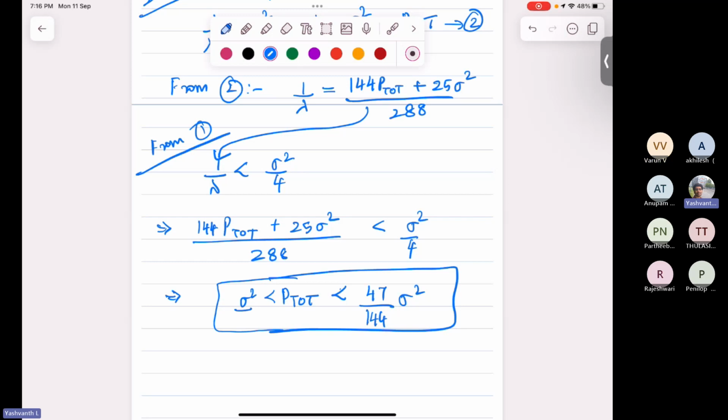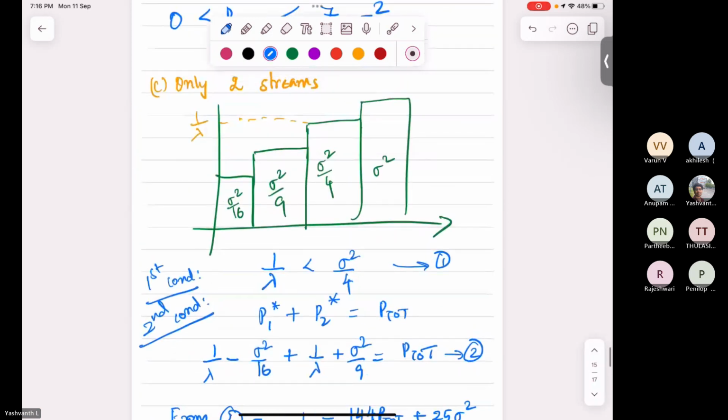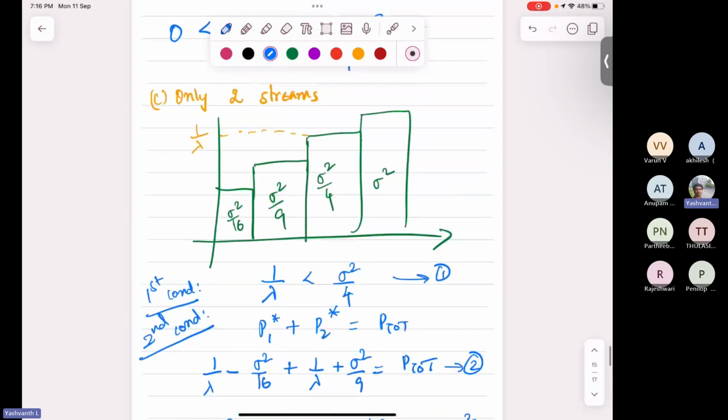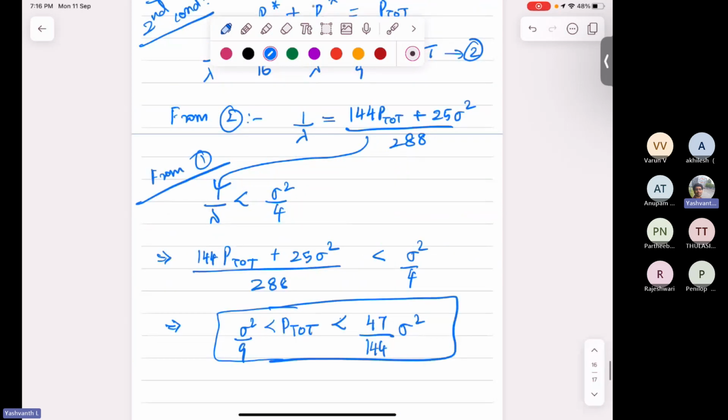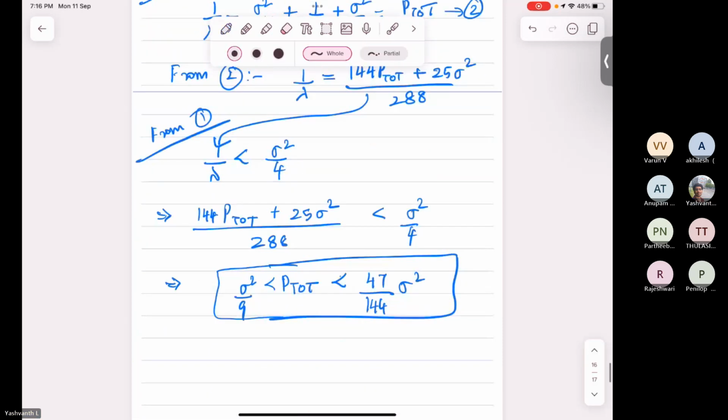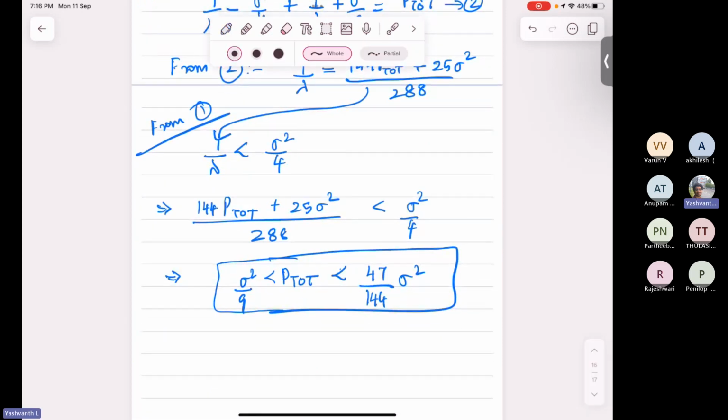Why 9? No, this is not 1 by lambda, this is P tot. Sigma square by, 1 by lambda is not P tot, right? But your thought process is correct.